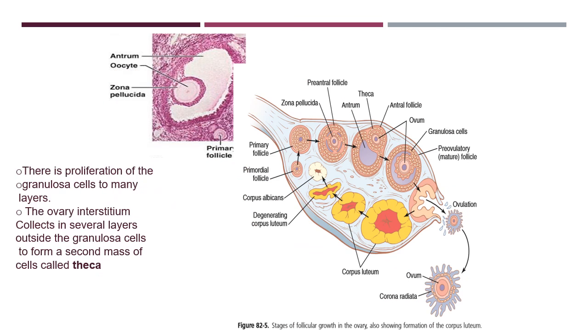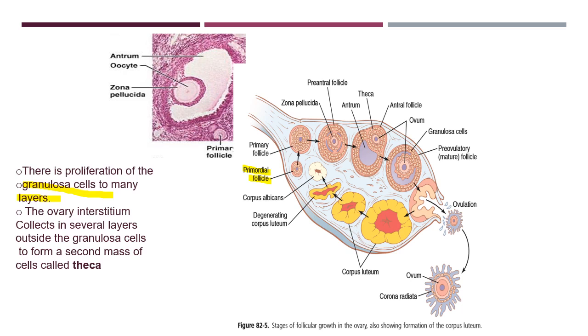In this figure, there is a demonstration of the different stages of follicular development. As you can see here, this is the primordial follicle, where we will have the primary oocyte, and then it will be surrounded by the granulosa cells, which will increase in the number of layers.